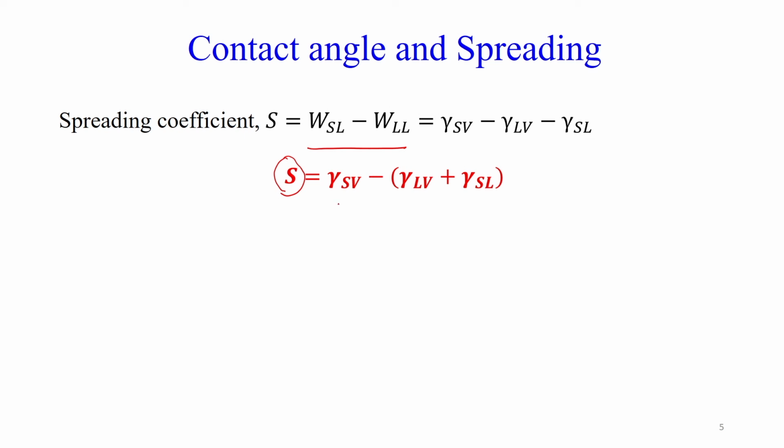So, the other way to see it is that the difference between the solid vapor interfacial tension and the sum of liquid vapor plus solid liquid interfacial tension decides whether there will be spreading or no spreading. There will be two conditions. In one case S can be greater than 0, in the other case S will be less than 0. Greater than 0 means the first value is higher, less than 0 means the second value is higher.